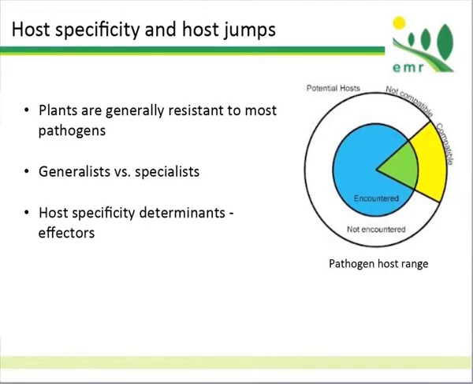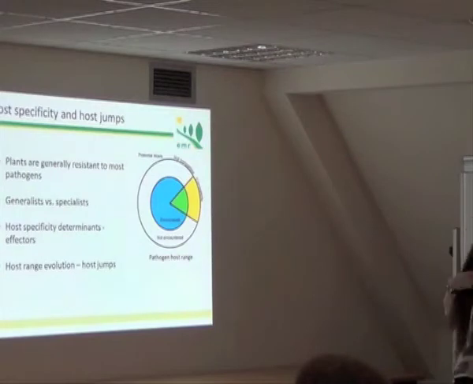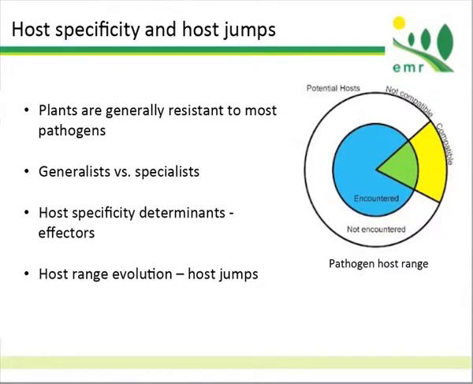Host specificity is controlled at multiple levels. It can be controlled during the initial attachment, during the colonisation of the plant, and also during the complex interactions between the effectors and the plant immune system. So it's hypothesised that a change in these host specificity determinants will lead to the evolution of host range as a pathogen is able to adapt to a previously resistant host.